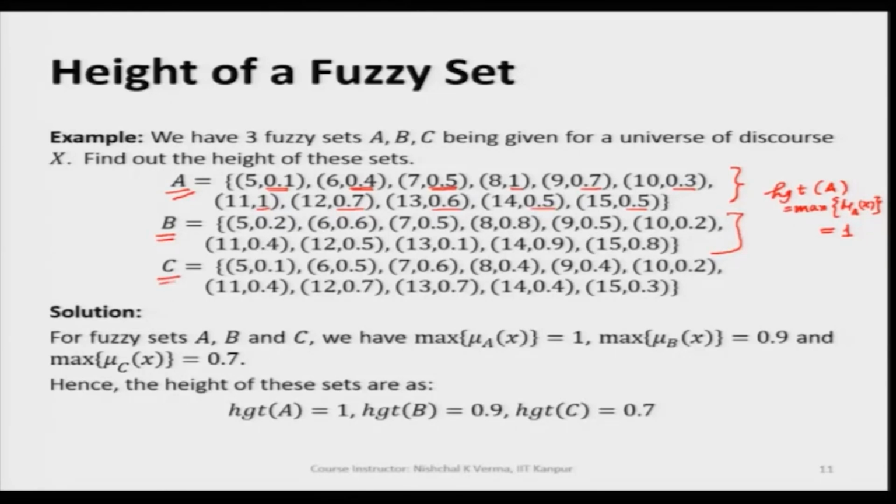Similarly, for fuzzy set C, the height will be 0.7 in this example, because if we take the max of all the membership values that it contains, it will be 0.7. So, this way we clearly find the height of the fuzzy set.